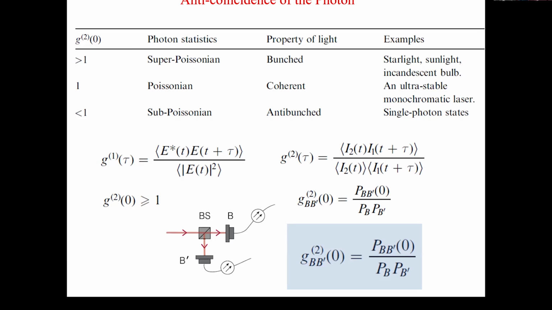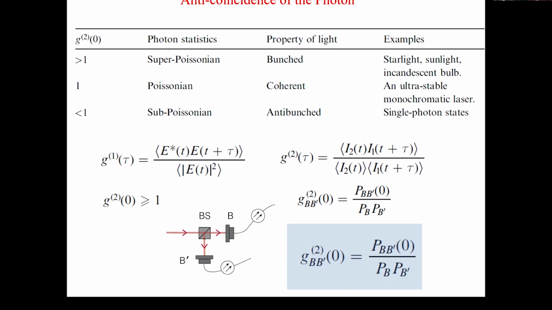We are assuming these are coming from the SPDC. Let's say this is the signal arm. It's still not quantum unless you do heralding. You need heralding for this.